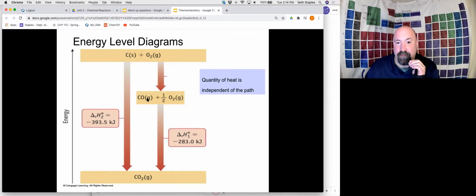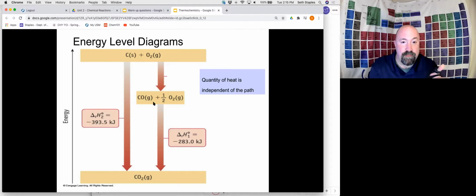Going this way, I now have to think about the reverse reaction of this, right? We have information for CO plus half O2 gives us CO2. But if I reverse this, if I instead think of CO2 gives us CO plus half O2, what have we talked about? What does that do to our energy information?